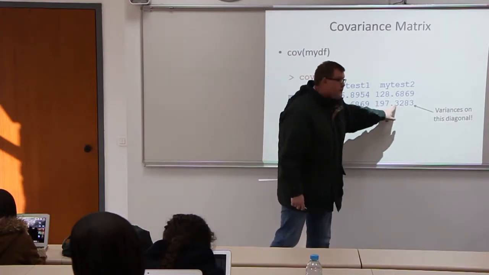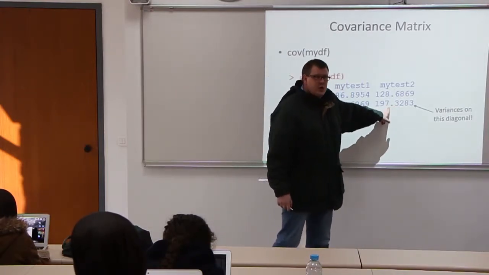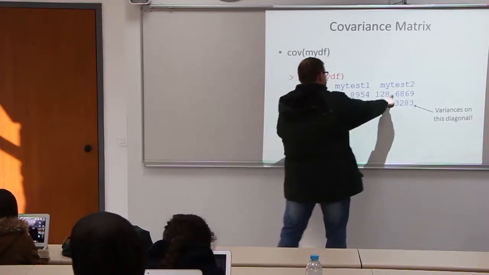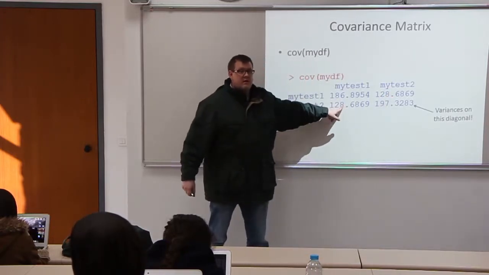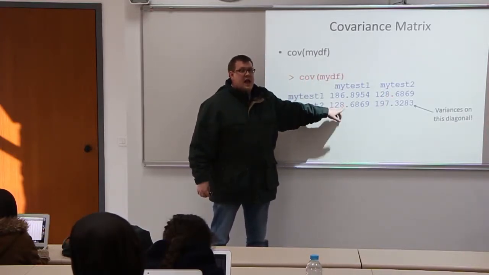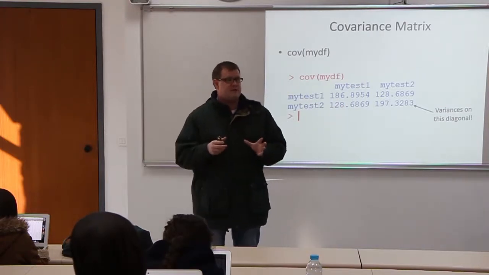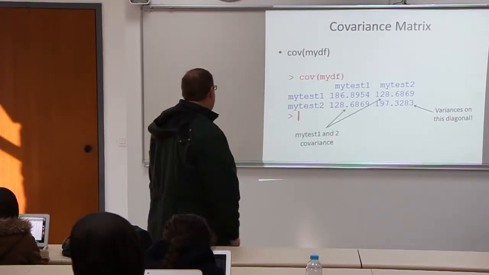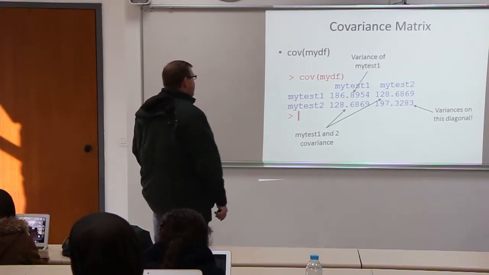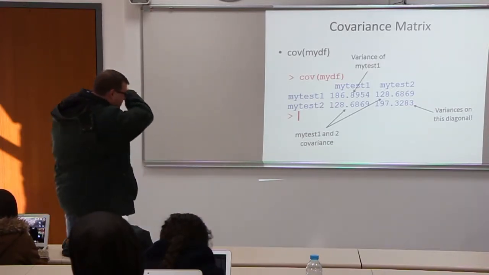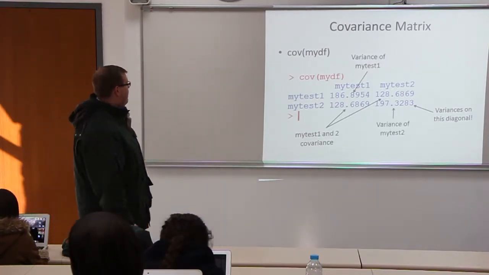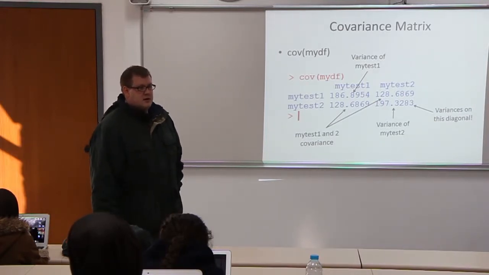This is the variance for our test 2 scores. And what are these? It's the covariance between test 1 and test 2. So those are the covariances, and on that other diagonal we have just the variances.